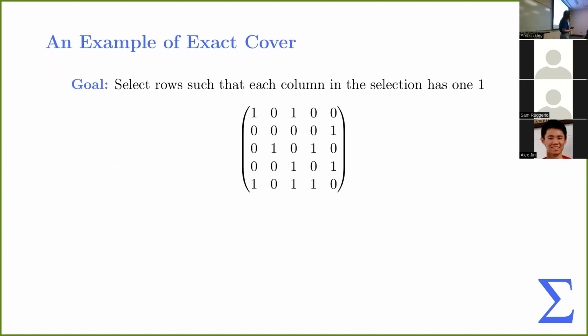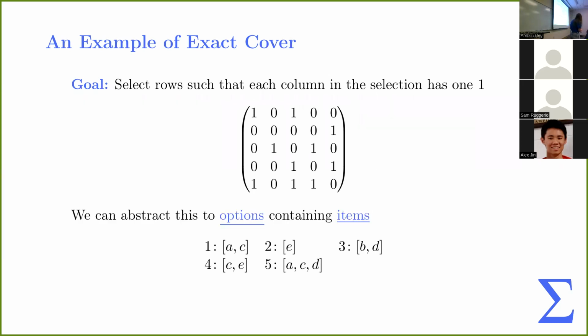This is the example that we're going to be walking through today. The goal is we want to select the rows so that each column in the selection has exactly one. Not more than one, not less than one. Instead of representing it as a matrix, we're going to represent it as lists.